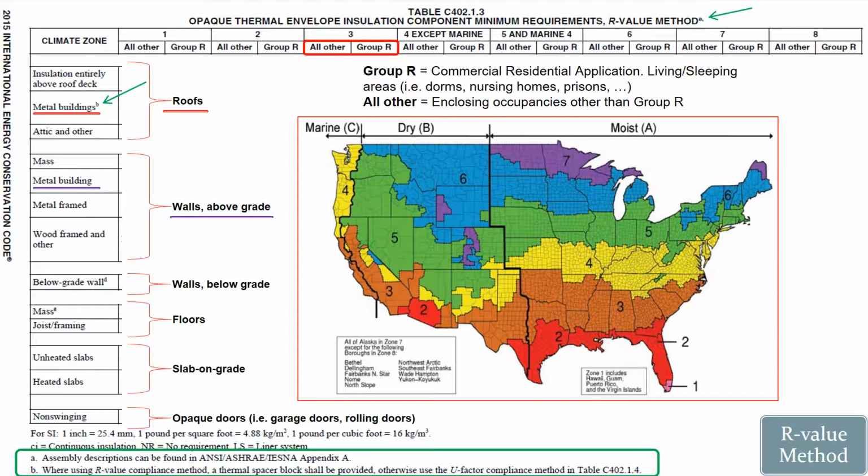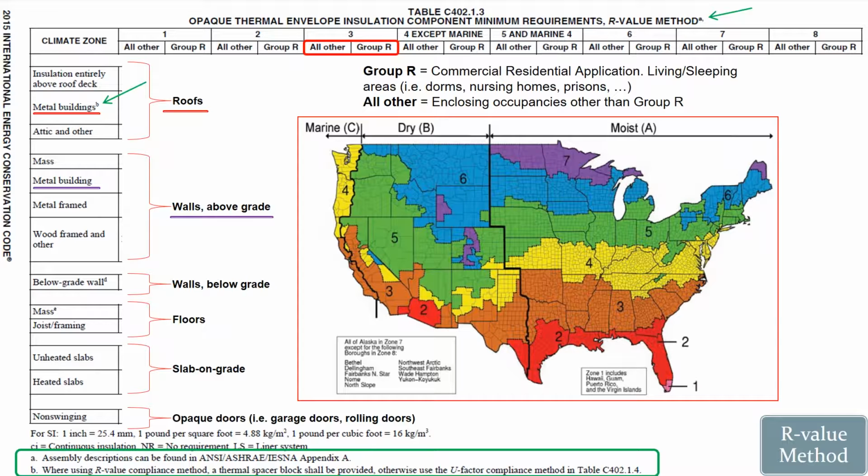And for metal buildings, for B, when you're using the R value compliance method, a thermal spacer block shall be provided. Now, a thermal spacer block is associated with a standing seam roof, and the assembly descriptions and the table that I'll point you to here shortly shows a standing seam roof.